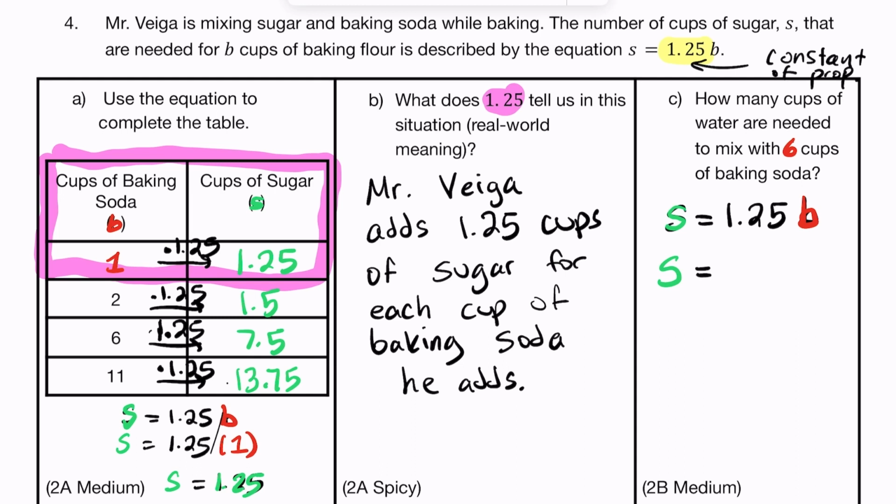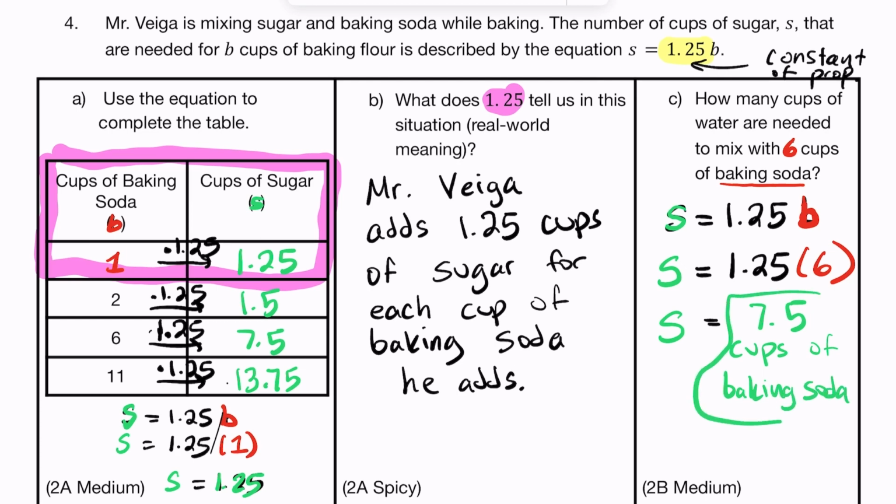I'm trying to figure out sugar. I have my equation, and I'm going to substitute in what we know. This is my B for the variable of baking soda, but this is 6. My cups of baking soda is 6 cups, so I can substitute that in. Okay, so all I have to do, just like I would do in my table, is multiply 1.25 times 6, and I get 7.5 cups of baking soda.